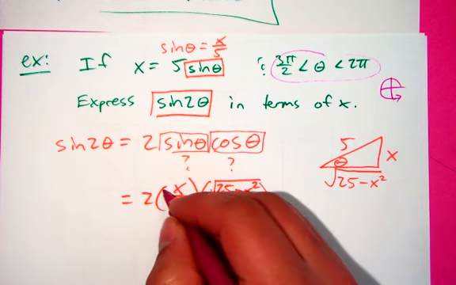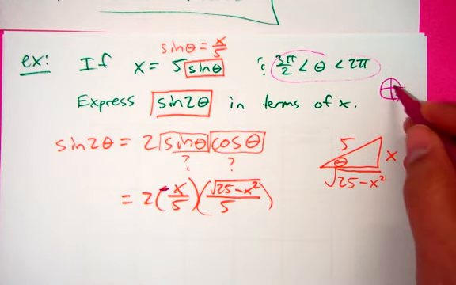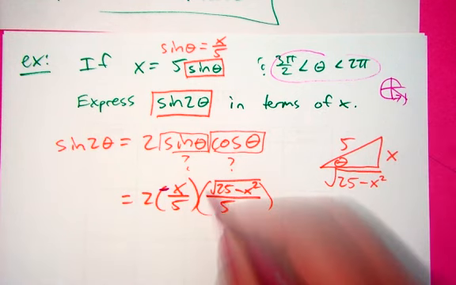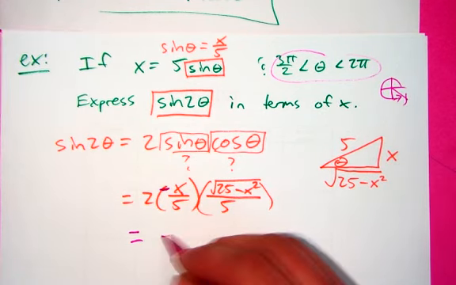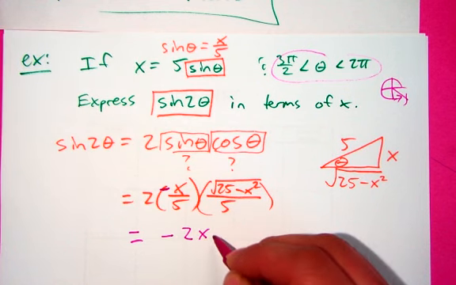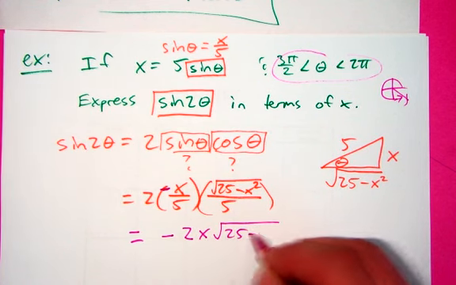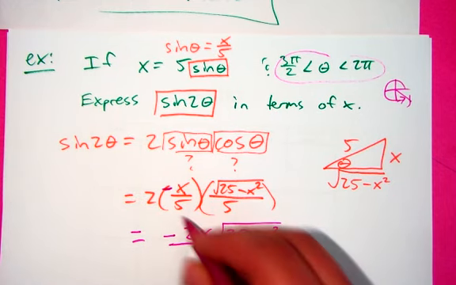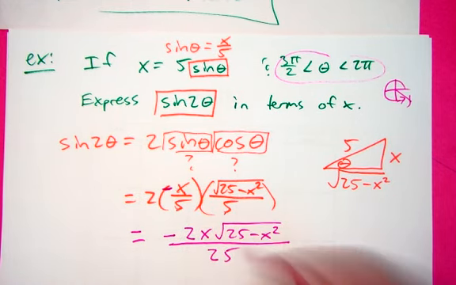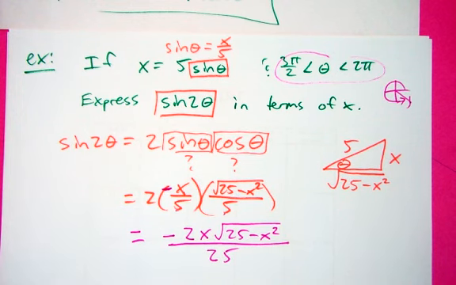So, yeah, sine theta should be negative. And cosine theta over here in quadrant 4 is positive. So then our final answer is going to be negative 2x square root of 25 minus x squared, and then we combine the denominators, multiply it out, we get 25. That's all you do?